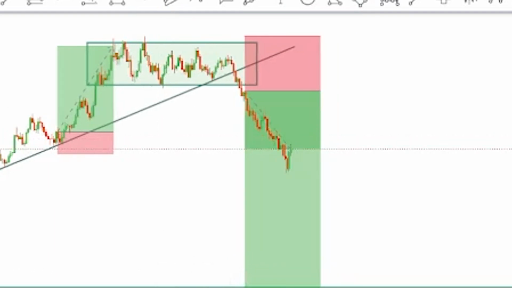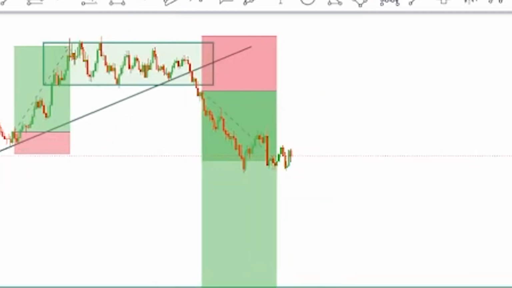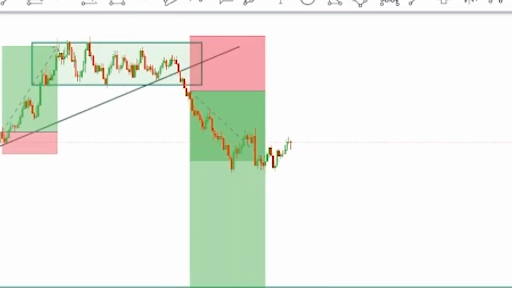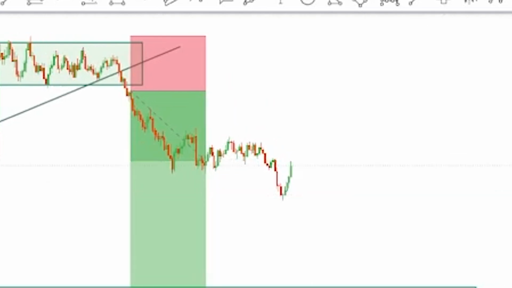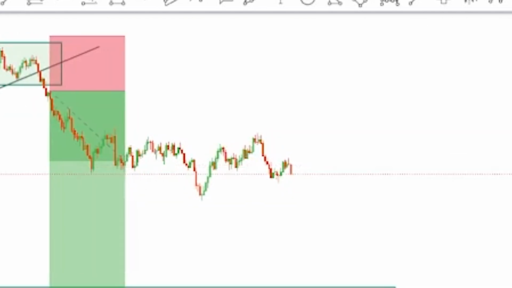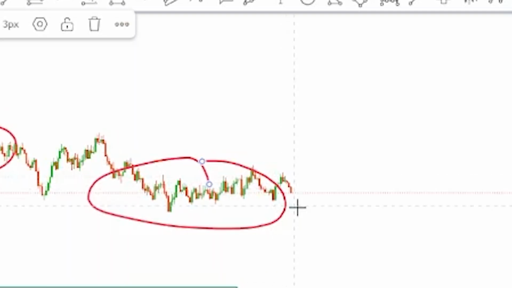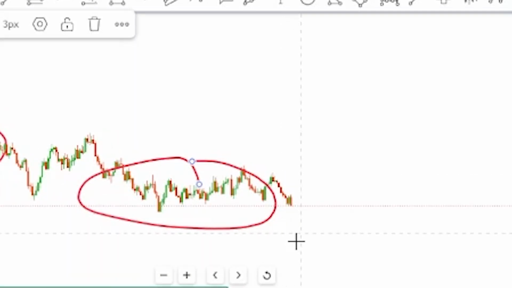Okay, we moved down, we started making the continuation chart patterns, as you can see from there. Okay, this is one of the continuation chart patterns. Again, let's see if we can continue moving down until we get to our target, which I think we are about to get to.